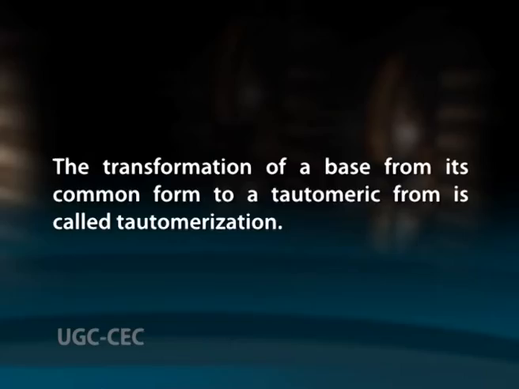It results in the spontaneous isomerization of the nitrogenous base to an alternative hydrogen bonding condition. Tautomeric shift alters the chemical properties of the base and causes the transformation of the normal base to a rare and abnormal isomer called tautomer. The transformation of a base from its common form to a tautomeric form is called tautomerization.